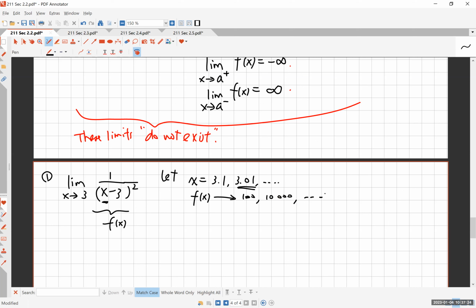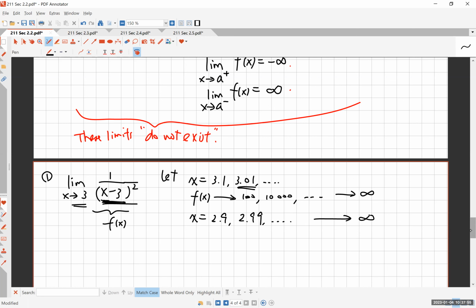So you can quickly see that f of x approaches infinity. What happens if x is approaching 3 from the negative side? That's like 2.9, 2.99, and so on. Well, if you plug in 2.9 here, you get negative 0.1. But remember, when you square this, that becomes positive 100. And so this also approaches infinity.